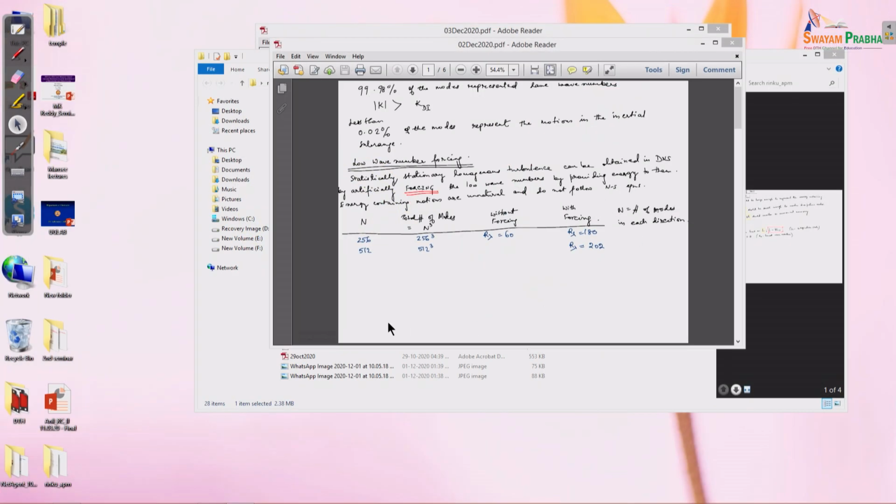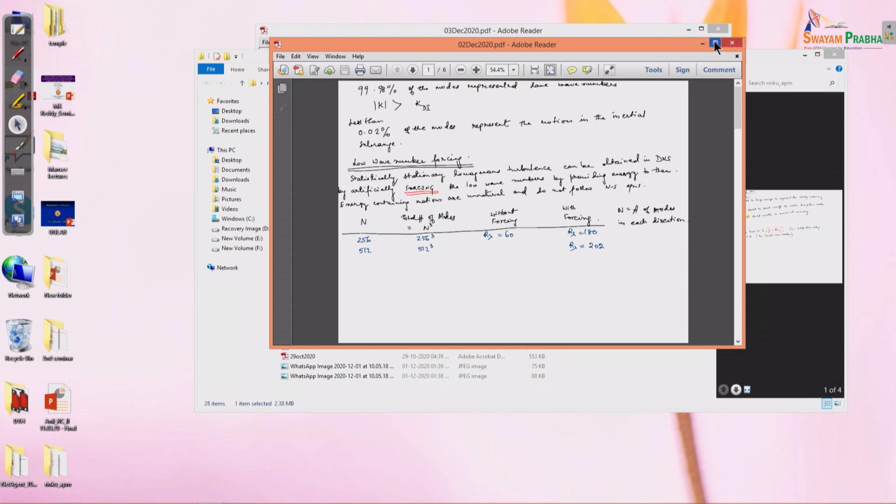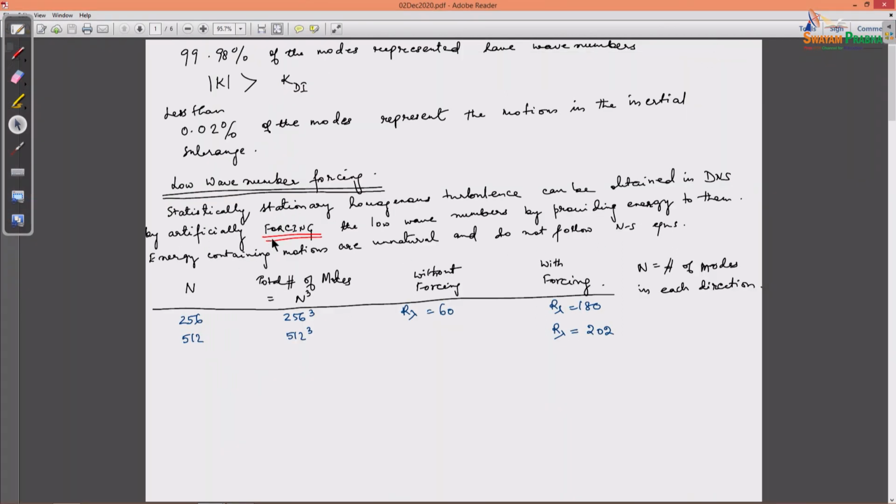So, that's where we came upon these things. Low wave number forcing, I am not going to go into the details of that, but just point out that less than 0.02% of the modes represent the motions in the inertial subrange.